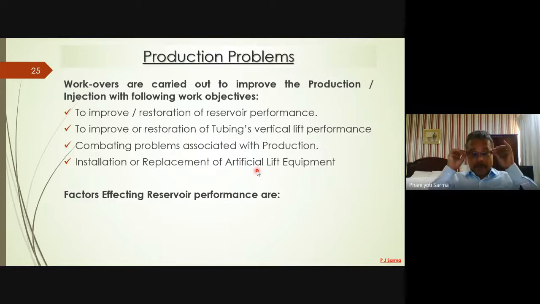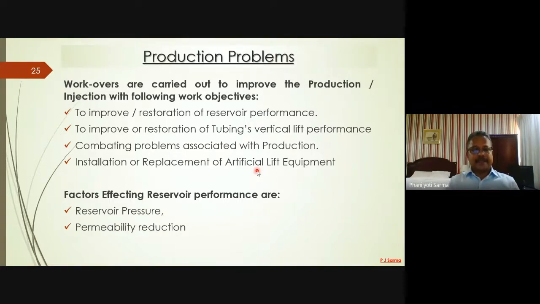Now, production issues are factors that affect the production performance: the reservoir pressure and the permeability reduction. Reservoir pressure could decline over a period of time. The permeability gets reduced because of the production scheme or the injection scheme, or it could be water cut or gas breakthrough.